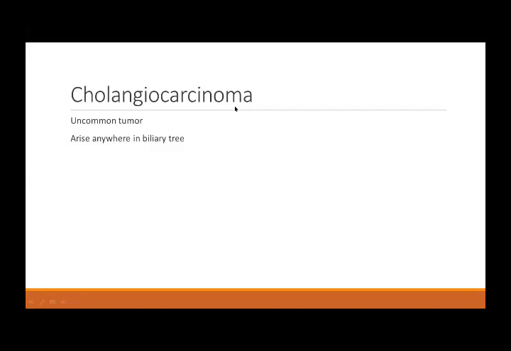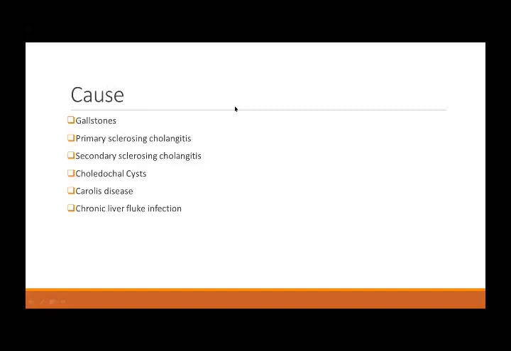Cholangiocarcinoma is an uncommon tumor anywhere in the biliary tree. Sclerosing cholangitis, whether primary or secondary, can cause cholangiocarcinoma. Caroli's disease, chronic liver fluke infections, gallstones, and choledochal cysts can all cause cholangiocarcinoma.